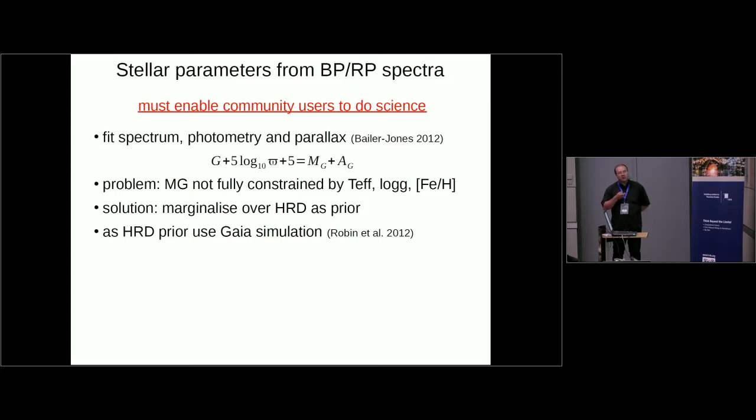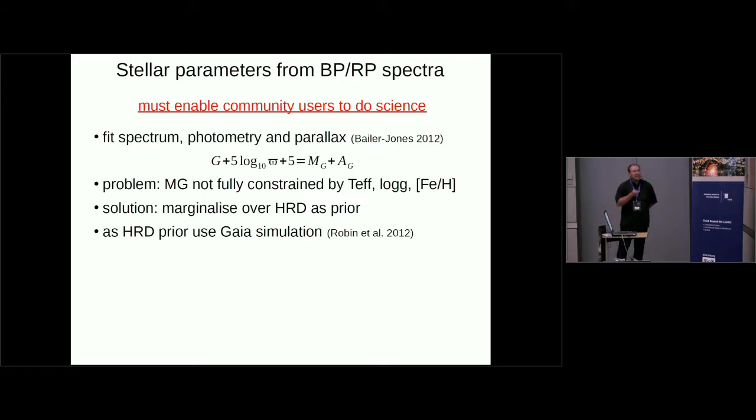So if you write down all these probability densities, it comes out that the prior that you need here actually is the Hertzsprung-Russell diagram. This is described in Corin's paper. And as a physical detail, the prior that we use is not a theoretical Hertzsprung-Russell diagram, because we cannot observe everything with Gaia.